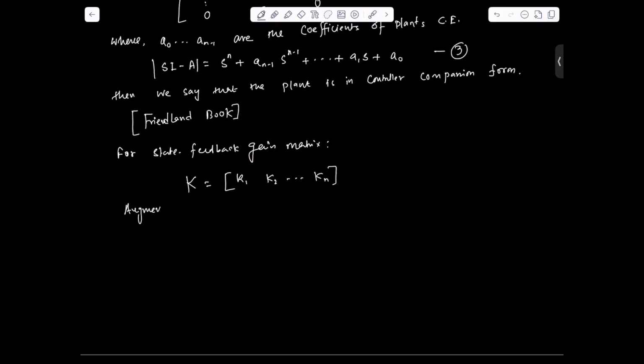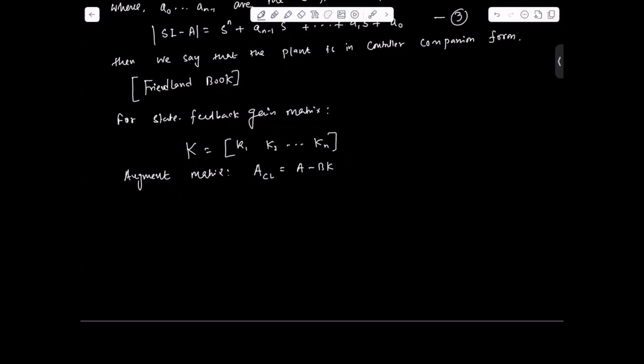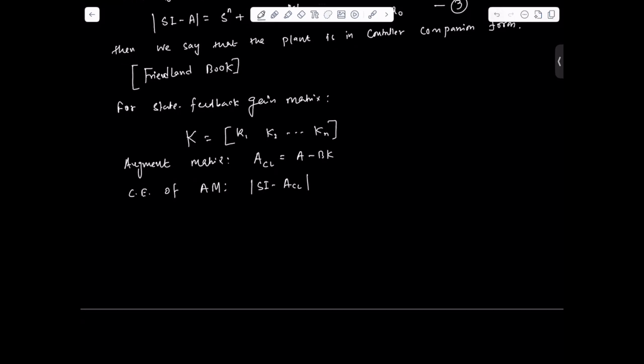The augmented matrix, we can write as ACL equal to A minus BK. If you find the characteristic equation of the augmented matrix, we can write sI minus ACL equal to sI minus A plus BK.